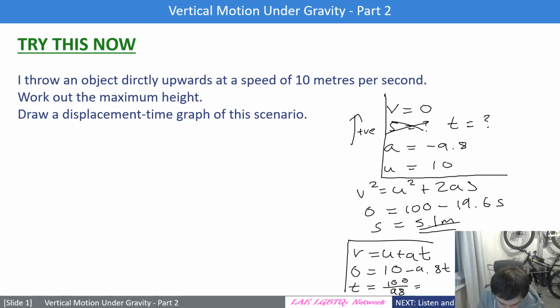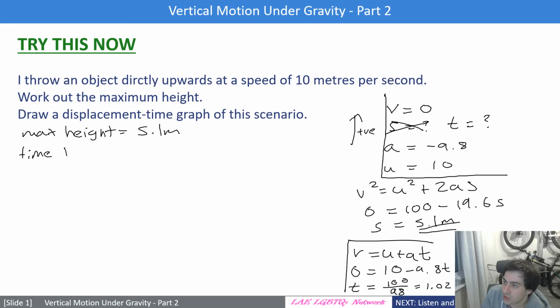So then we've got a value of about 1.02. Okay, so let's just make a note of what I've said here. Max height is 5.1 meters. Time to reach the max height in this case is equal to 1.02 seconds.